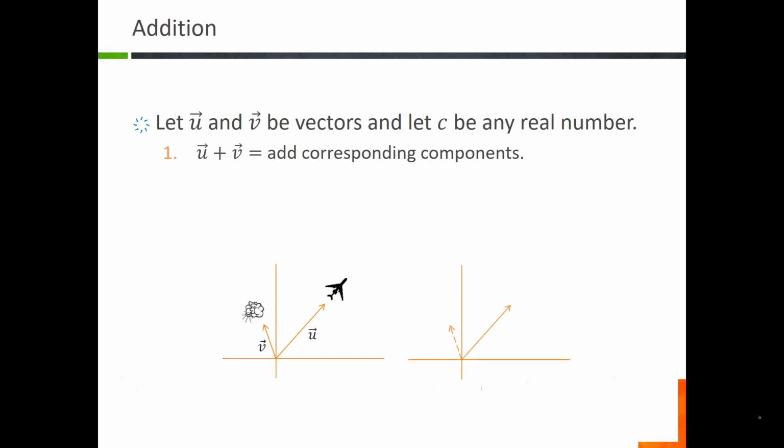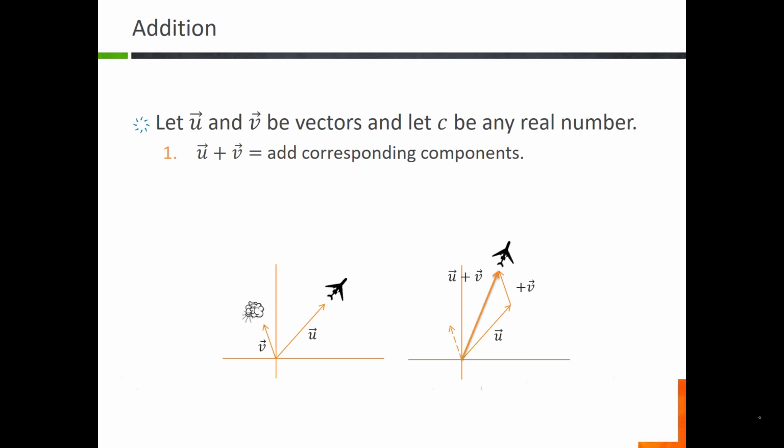If we wanted to add the vectors, we're going to take vector v and move it. Instead of it being at the origin, we move it so it's at the tip of the arrow for vector u. That's u plus v, that new vector that we moved out there. They're the same vector, same magnitude and same direction, so it's equal.